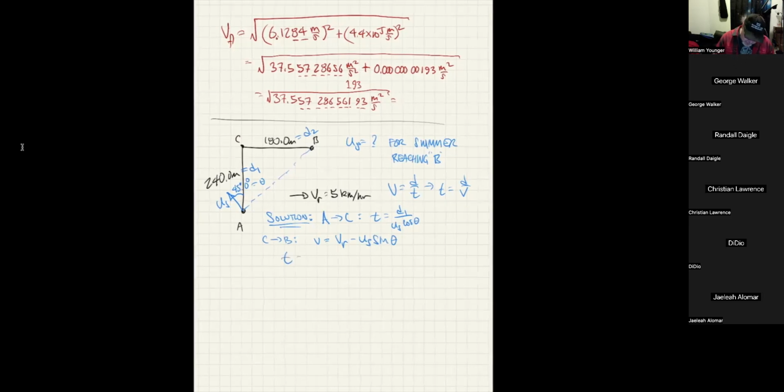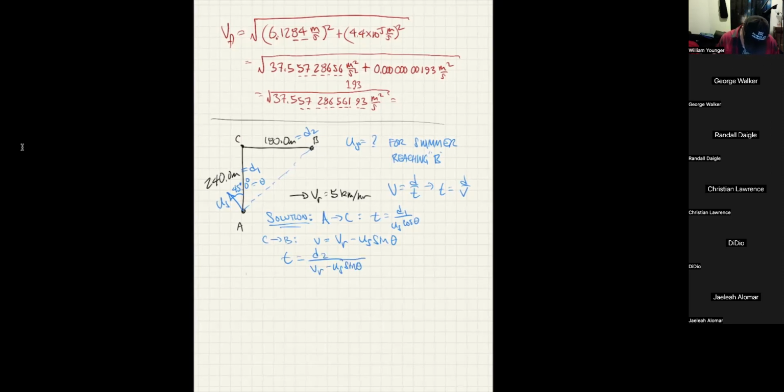That means this time would of course be D2 over V sub R minus U sub S sine theta. Well, we need those two times equal to each other.